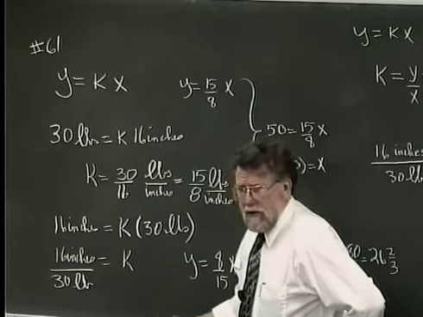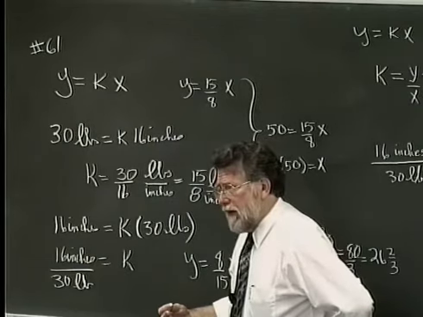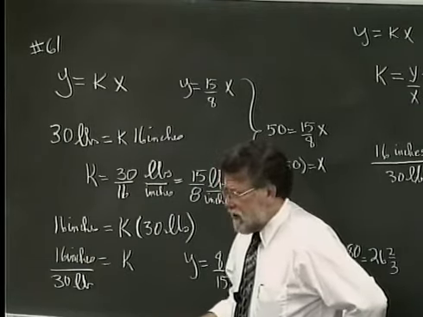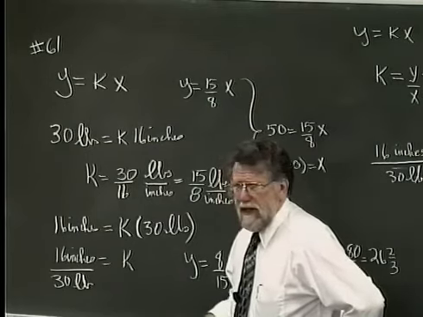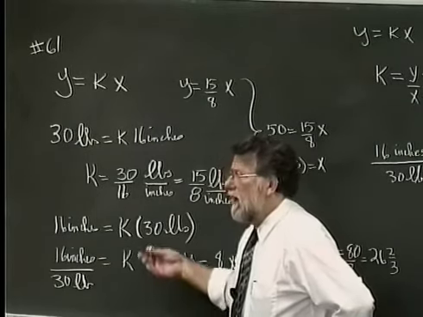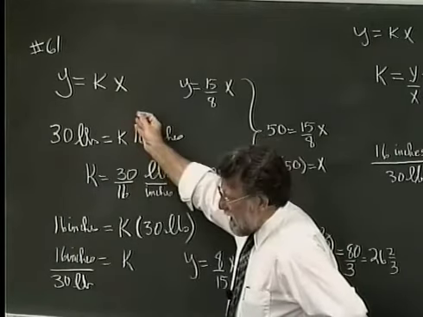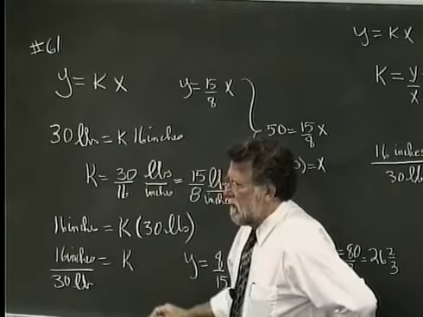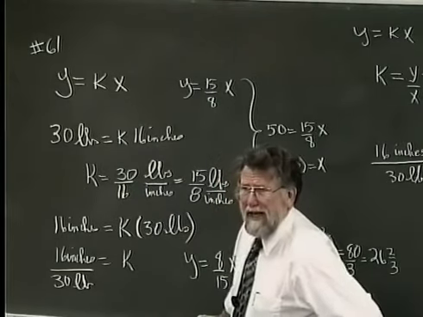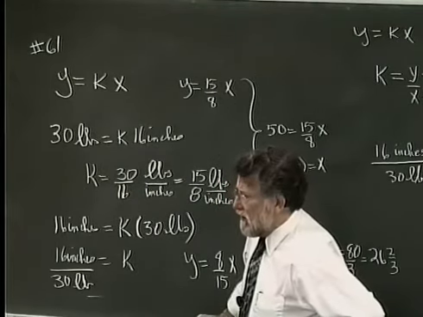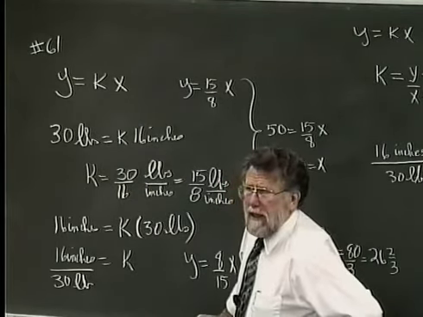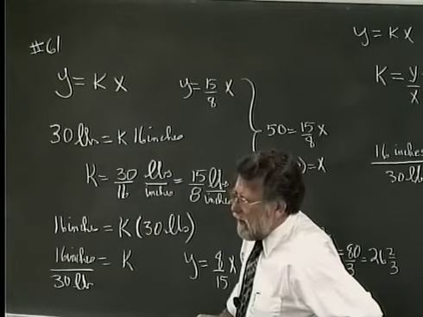Now there are two ways of doing this problem. One should not exclude the other, because you're trying to get some insights about how to do this style of problem. And so writing the equation and solving for the constant of proportionality, that's what k is referred to, the constant of proportionality, is a very important part of your background.